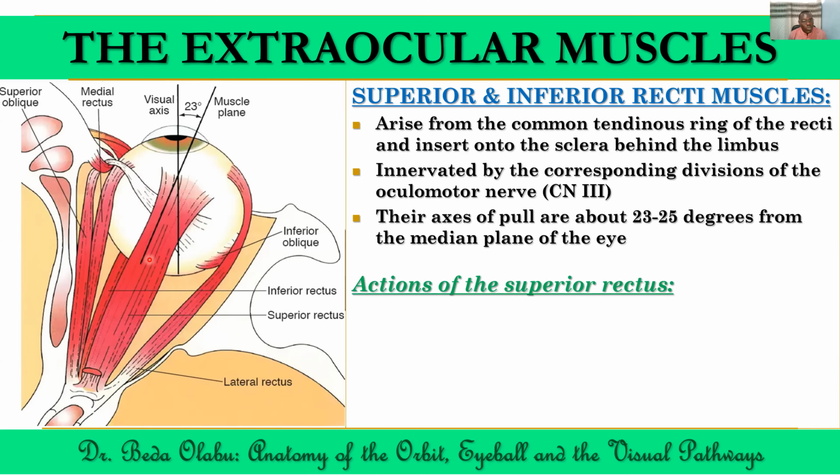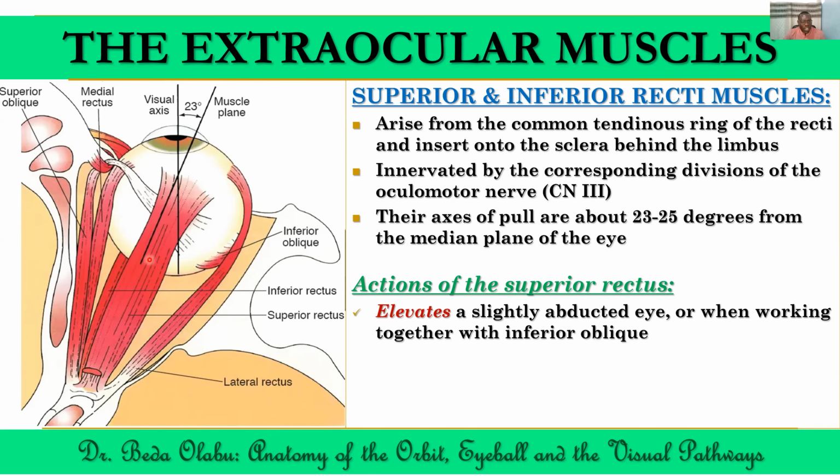Now, let's begin with the superior rectus. What are the actions then? If it contracts, it will make the pupil go up, and that will be especially true if the pupil was already slightly abducted. Then when the superior rectus contracts, it will elevate the pupil.